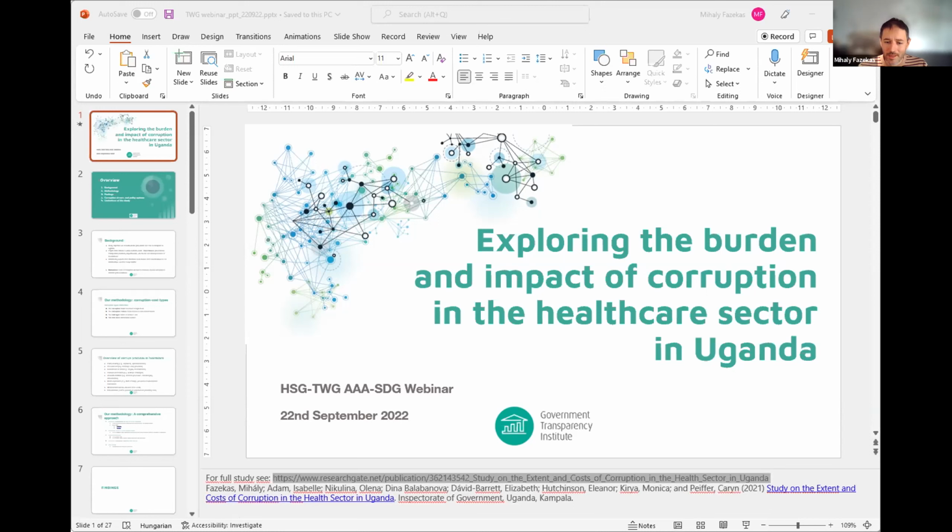Now, as Dina mentioned, this is a collaboration between quite a few people, including GIZ and the government of Uganda, but also collaboration among quite a few people who worked on this study. That includes Isabel Adam, that includes Olena, who is going to talk after me, but also Dina and Eleanor have contributed.